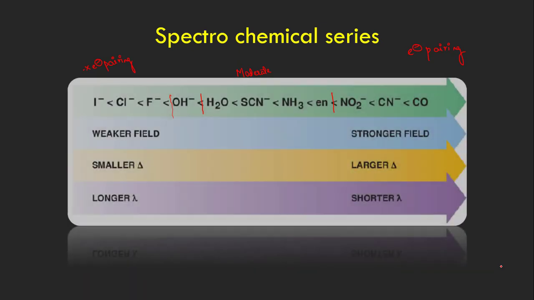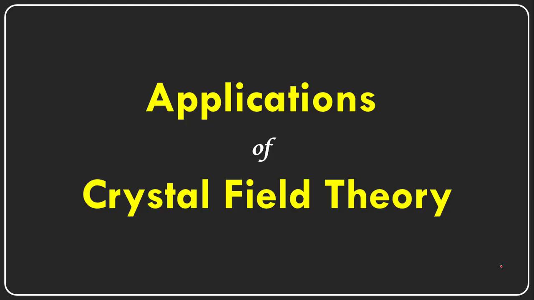The spectrochemical series is also given by this crystal field theory. The use of the spectrochemical series is that we can know which are the strong field ligands and which are the weak field ligands.